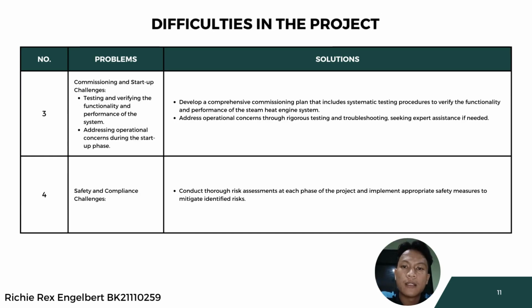The next problem is the commissioning and startup challenges, which is testing and verifying system functionality and performance. So we developed a comprehensive commissioning plan with systematic testing procedures to verify the functionality and performance of the steam heat engine system.